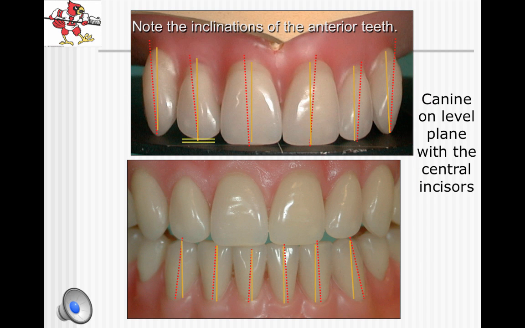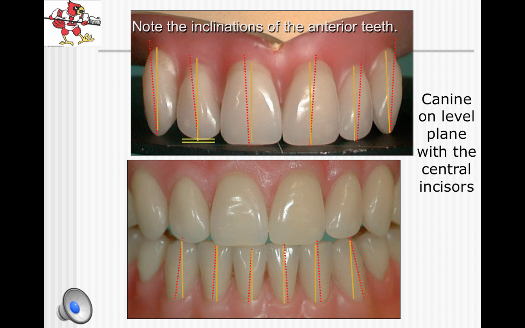Here's a photo of the anterior setup of the maxillary teeth alone on that top picture. It shows the orientation of each tooth with the amount of mesial inclination assigned to that tooth and its position on the occlusal plane.